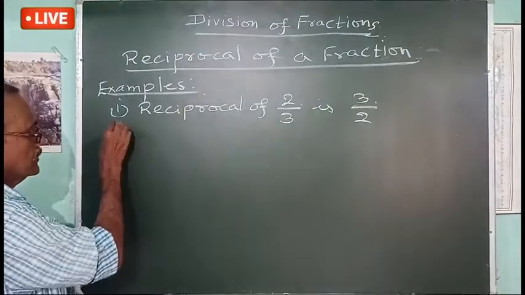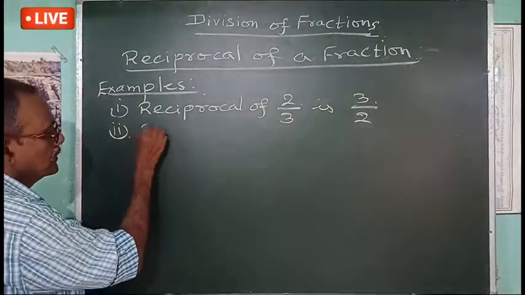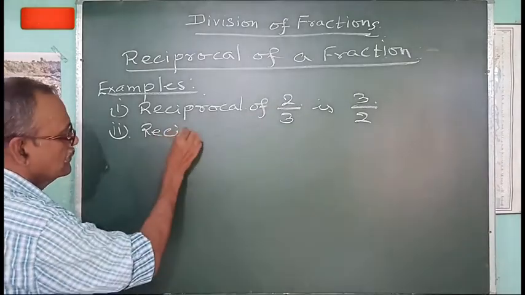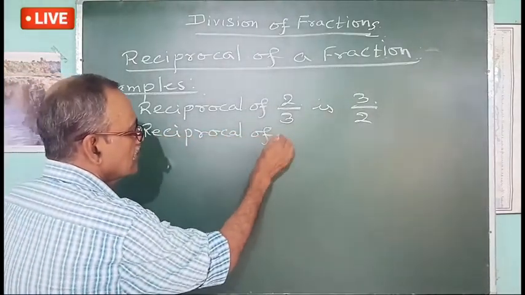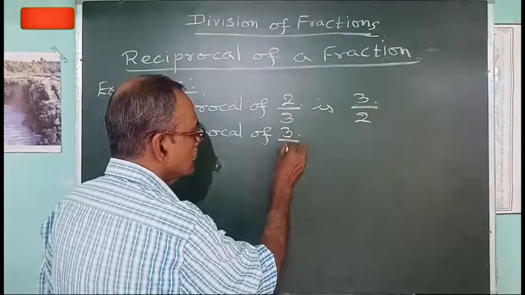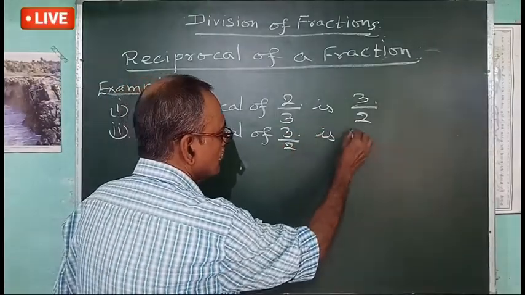Now second one is reciprocal of 3 by 2 is 2 by 3.